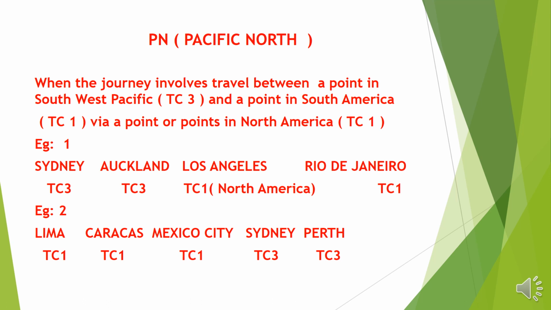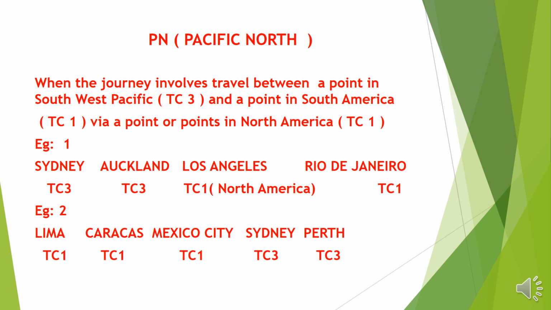So Pacific North is a journey that involves travel between a point in Southwest Pacific, which is in TC3, and a point in South America, TC1, via a point or points in North America. Now here they have referred to South America and not South Atlantic. The South Atlantic sub-area, SA, global indicator is referred to as South Atlantic.